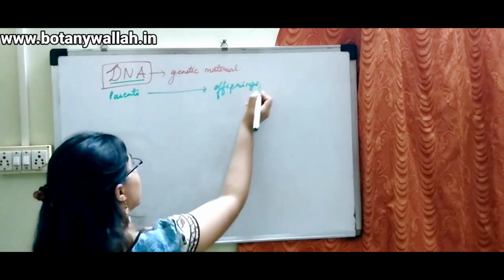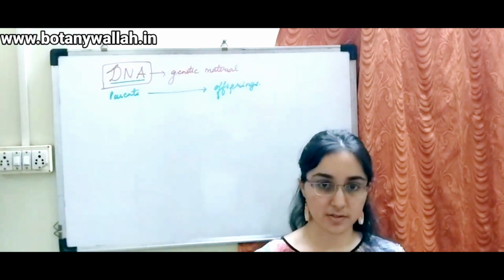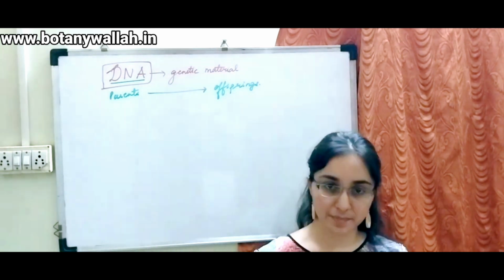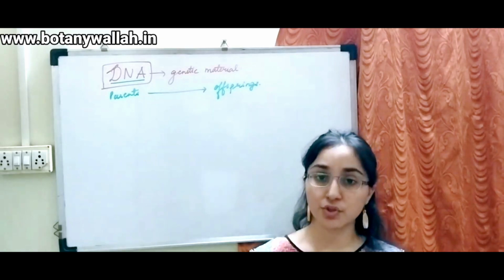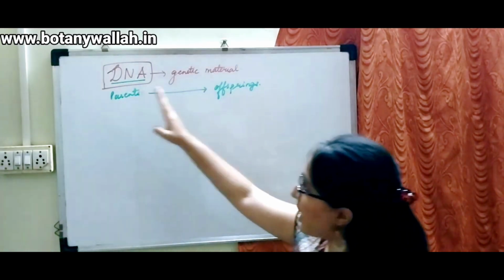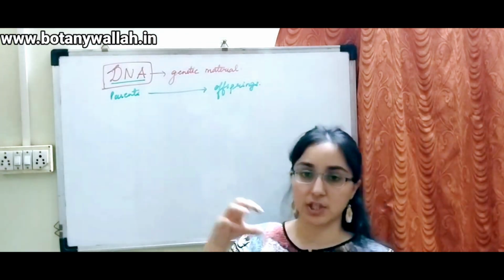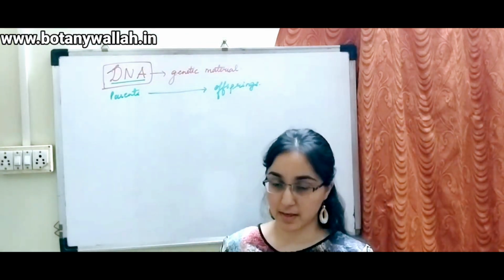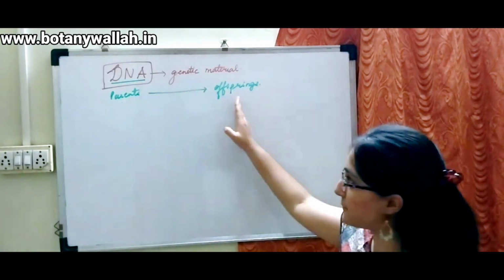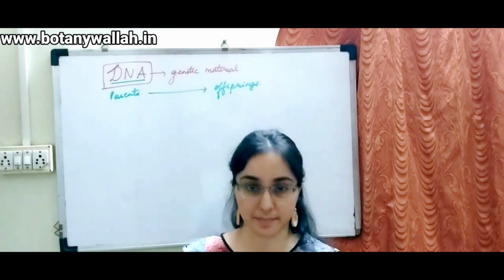The characters or features which are passed from parents to offspring occur due to the passage of DNA from parents to offspring. On DNA there are genes. Actually DNA is a genetic material. So this parents to offspring transmission is known as inheritance, heredity.